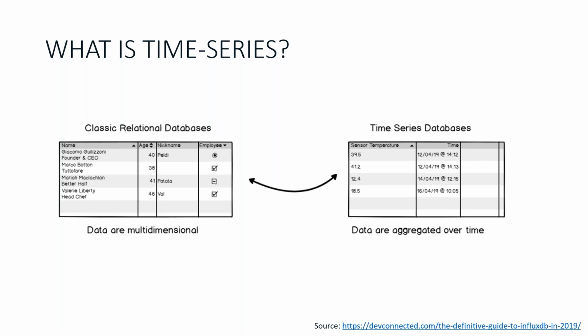For example, you know that this sensor temperature was 39.5 at this specific timestamp, and that's everything you want to know. You want to know the sensor temperature, maybe other tags, at a specific timestamp. Time series databases are for you, not classic relational databases, which would be really slow when you want to query millions of metrics.